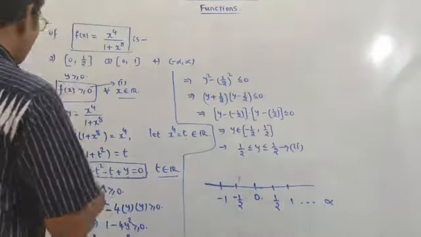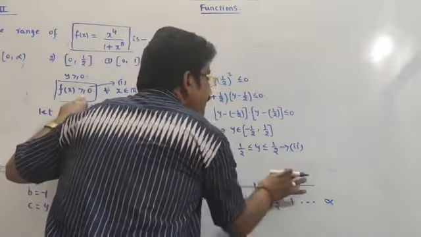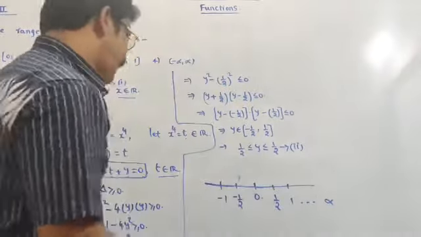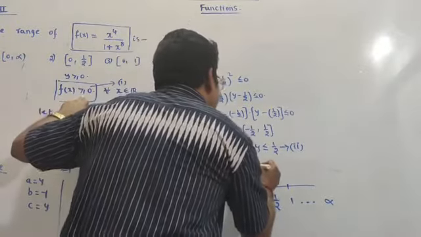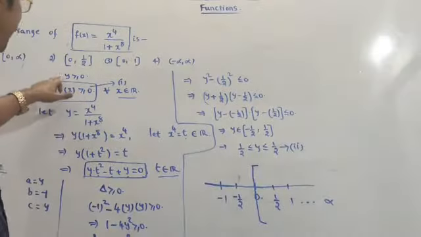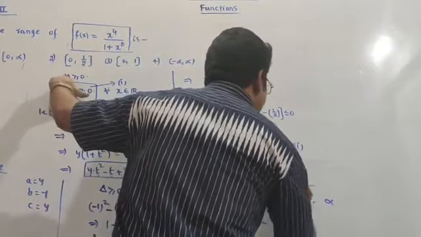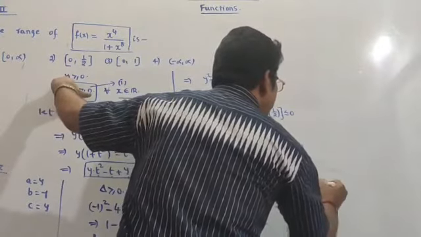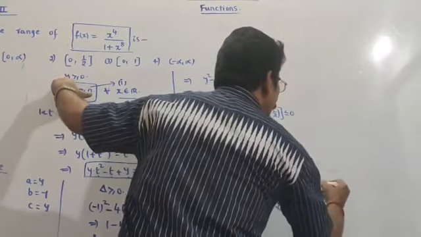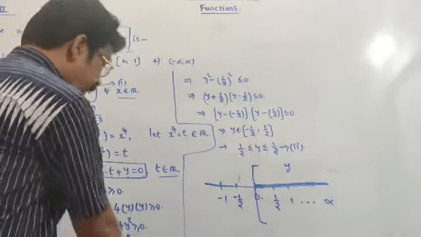The first one is greater than or equal to 0, which means 0 is included, which is why we take the closed bracket. This is the shaded area, y greater than or equal to 0. Next, the second statement.